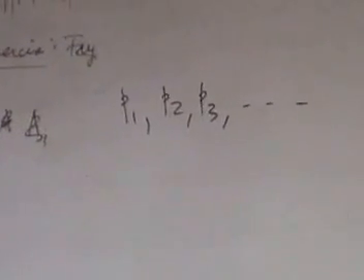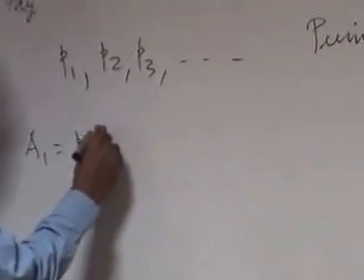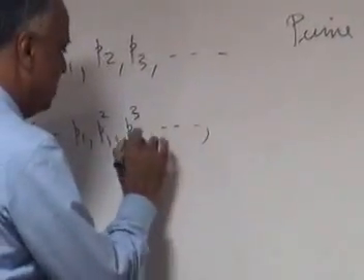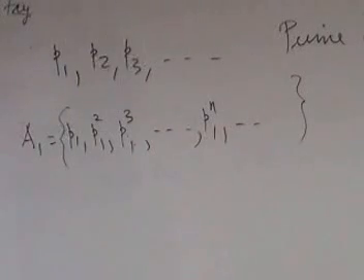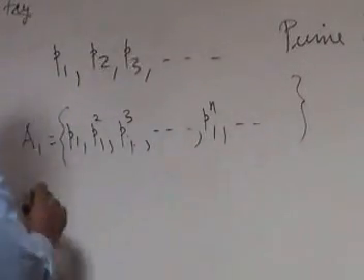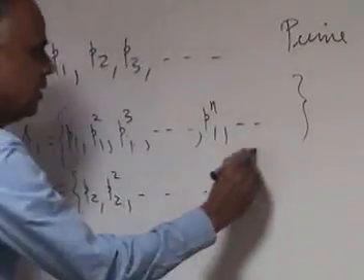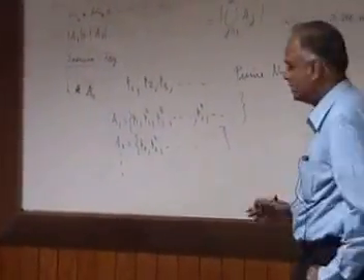Then take A1 to be P1, P1 squared, P1 cubed, up to P1 to the power of n. What will be your A2? P2, P2 squared, etc. They are distinct primes. So now what is the cardinality of each one of them? It's aleph naught, and they are all disjoint.